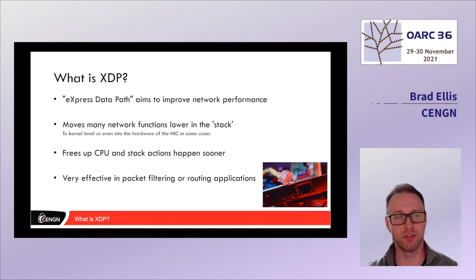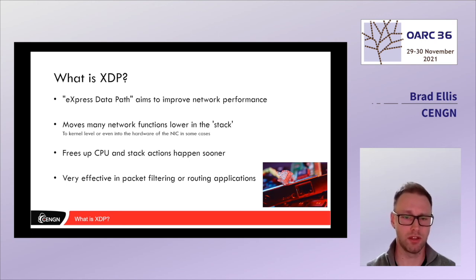The way it works is it moves many functions lower in the networking stack. So for example, to kernel level, or even in some cases, some network cards actually have hardware that can run XDP programs, which can greatly speed up network throughput, packet decisions, and so on.